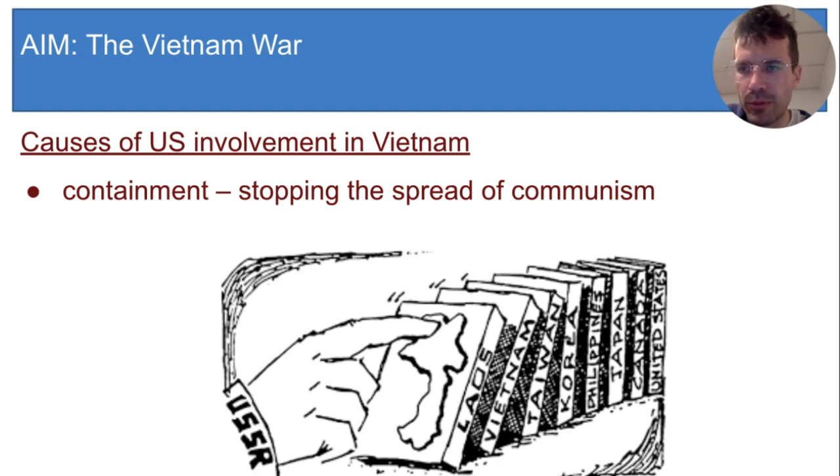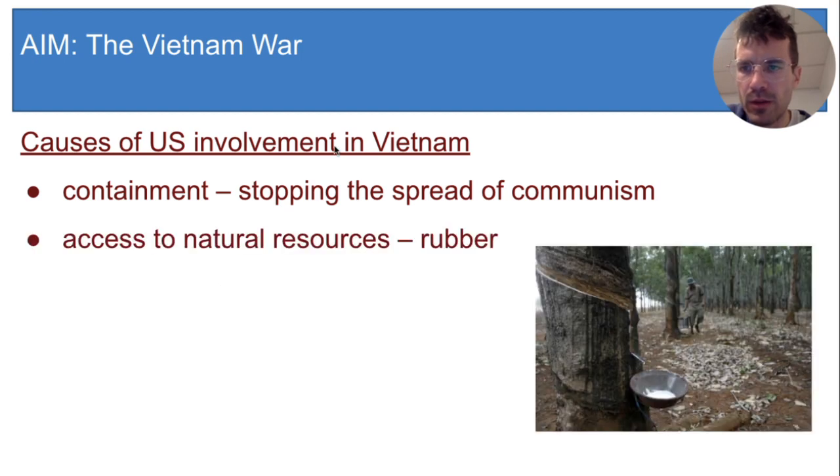But a more important reason, although not the one that the government admitted, was that the US wanted access to Vietnam's natural resources, especially rubber. Until the 1950s, Vietnam had been a colony of the French, producing rubber for export to the US and to Europe. And the US feared that if communists took control, American businesses would lose access to these precious resources.